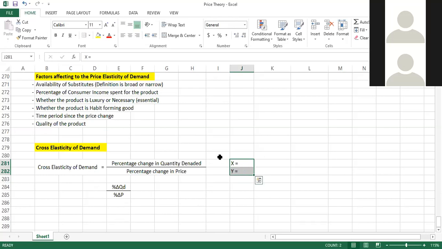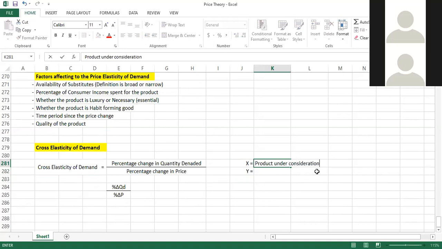For example, if we consider the own product, in other words, we call it the product under consideration. Product under consideration is this, and this is the other product. Now, if X is the product under consideration, in other words, the own product, Y is the other product.